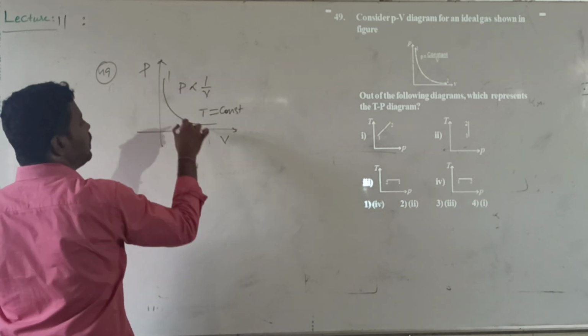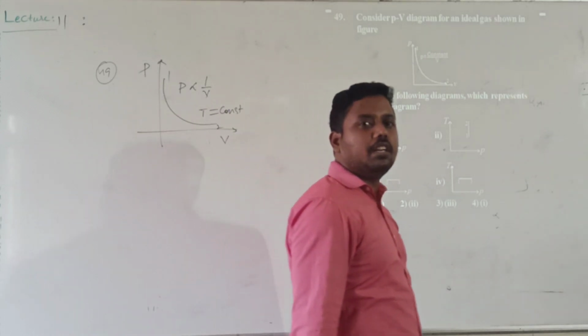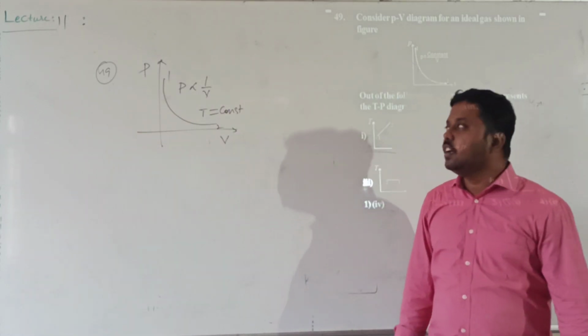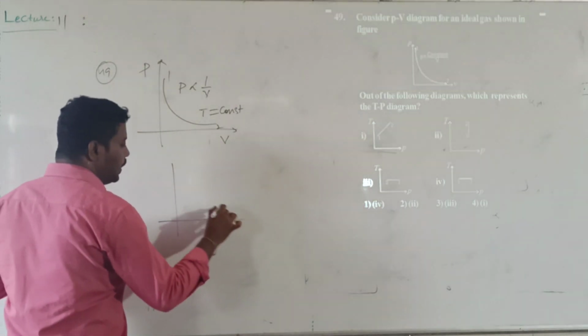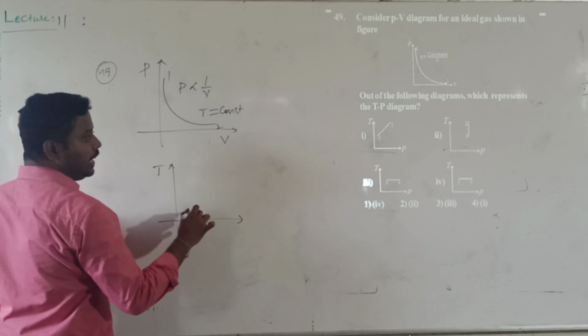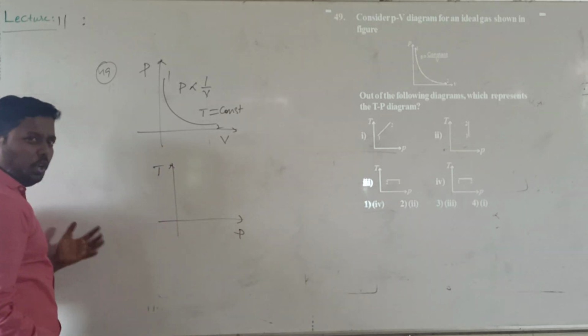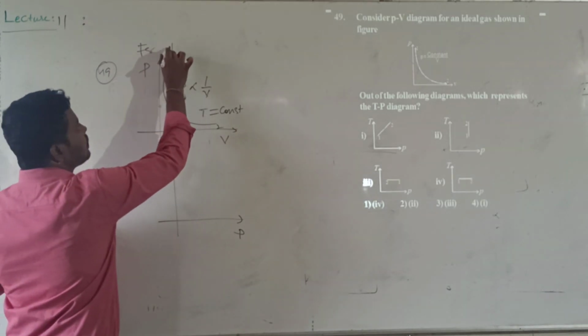Here they have given point 1 and point 2. When you go from point 1 to point 2, what happens to pressure? Pressure decreases. Now they are asking for the graph corresponding to the same process between temperature and pressure. No doubt, this is an isothermal process.